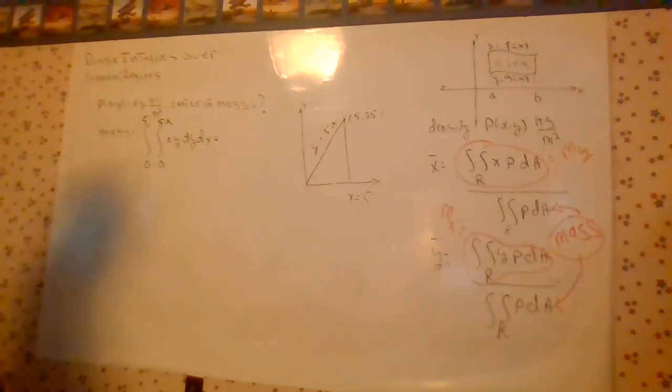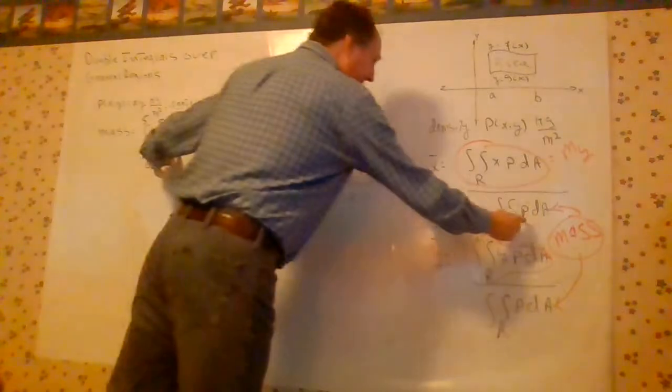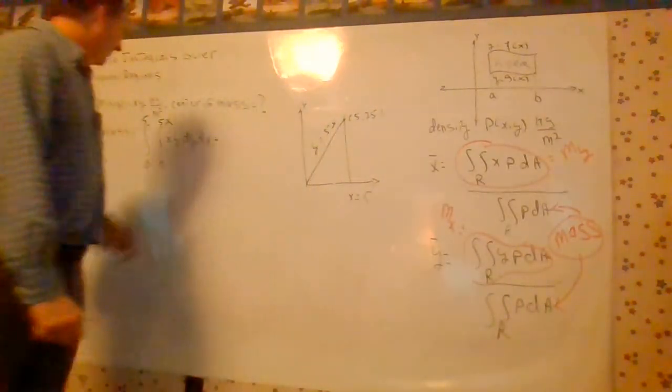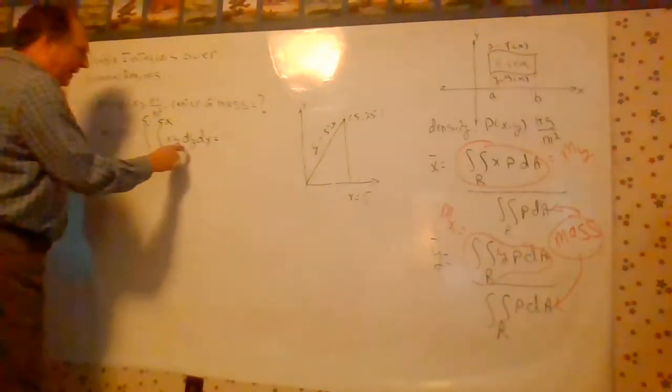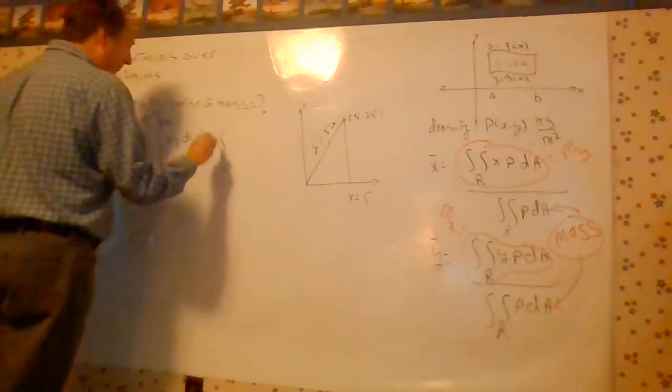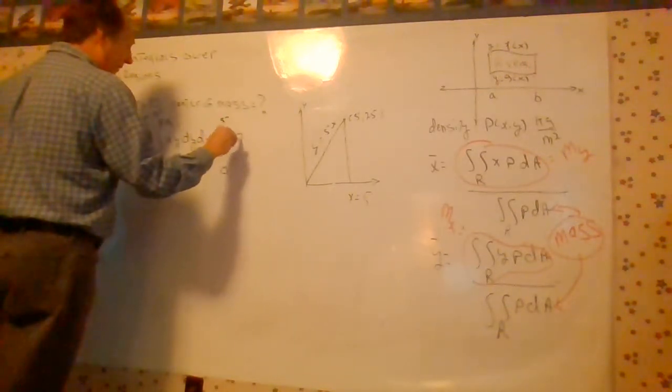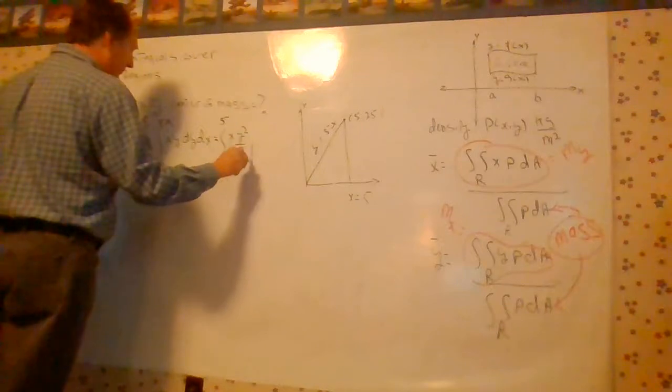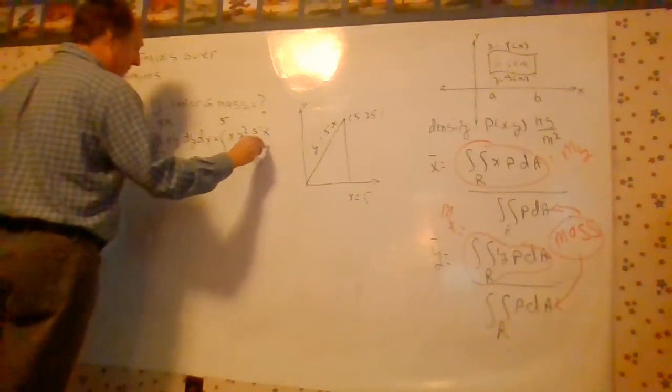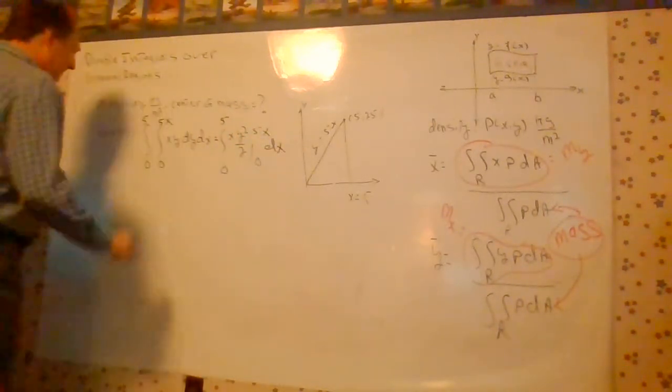And that matches up with this. dA is dy dx. So we're going to integrate xy dy. We get the integral from 0 to 5 of xy squared over 2, from 0 to 5x, dx.